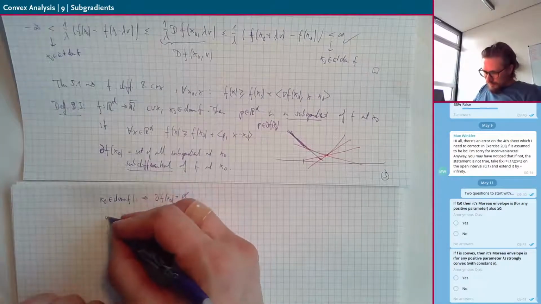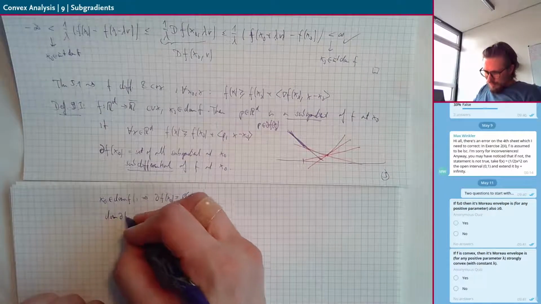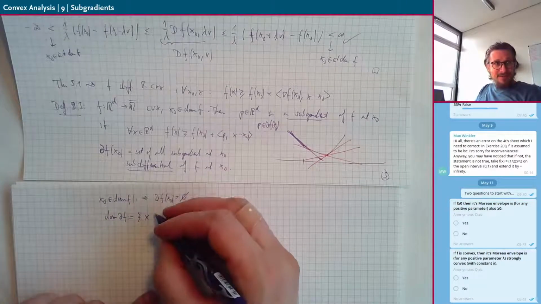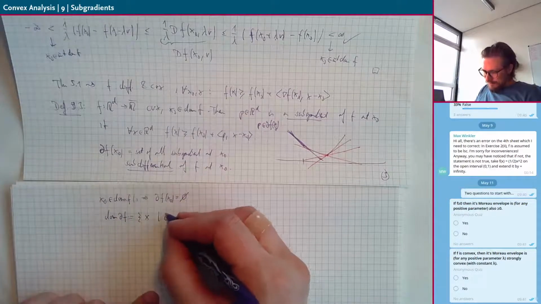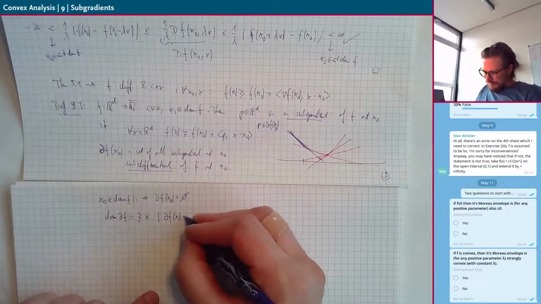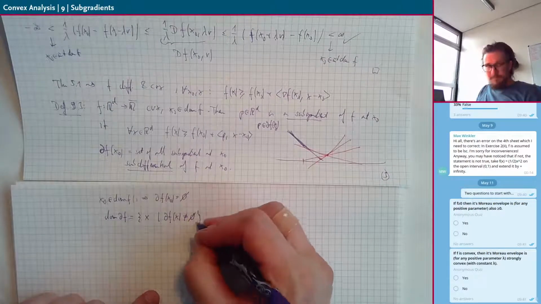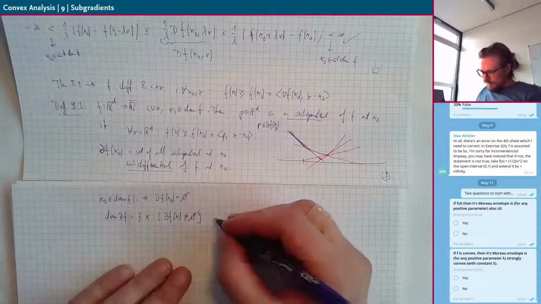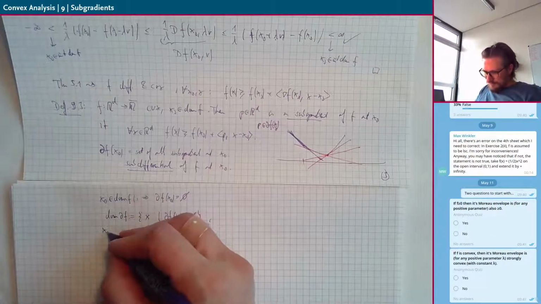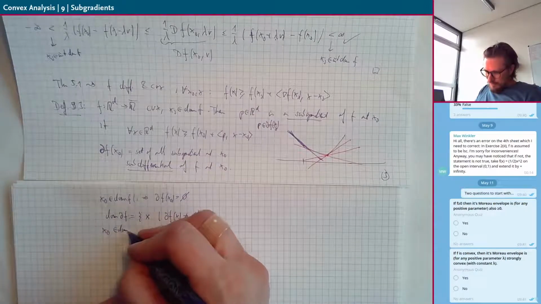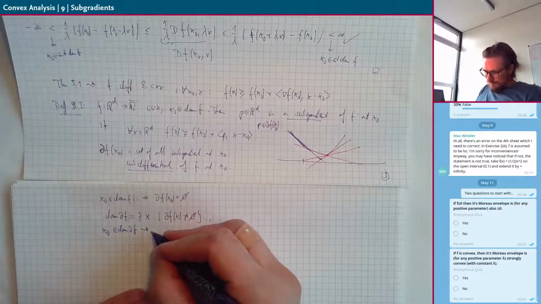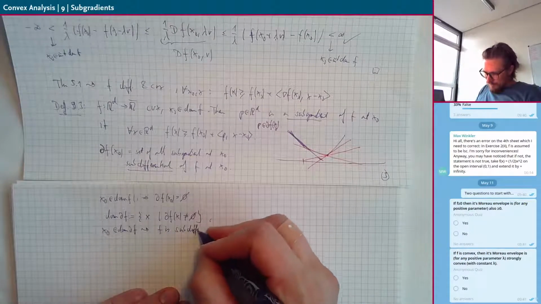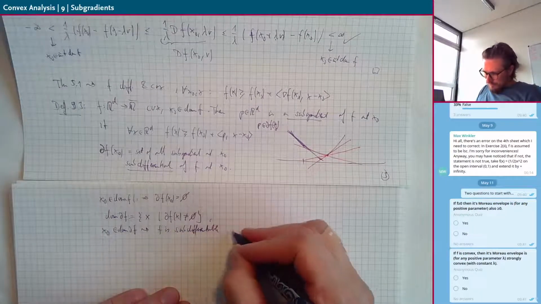Moreover, we denote the domain of the subdifferential. This is by definition the set of all x such that the subdifferential at x is not empty. We also say that if x0 is in the domain of the subdifferential, then f is subdifferentiable at x0.